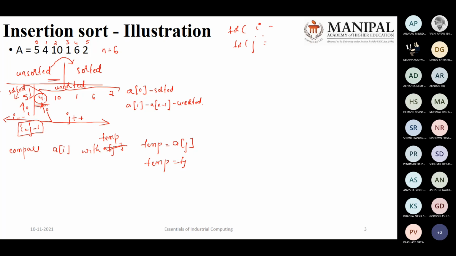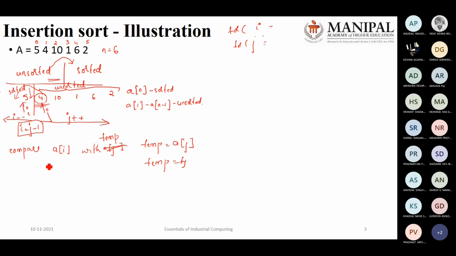That is the reason it is always safe that you keep a temporary variable. You must be knowing when you are swapping two elements of the array, you are keeping a temporary variable, right? So this purpose is the same here. Fine. Now temp is 4, which is nothing but a of j. Now you are comparing a of i with a of j, or temp.